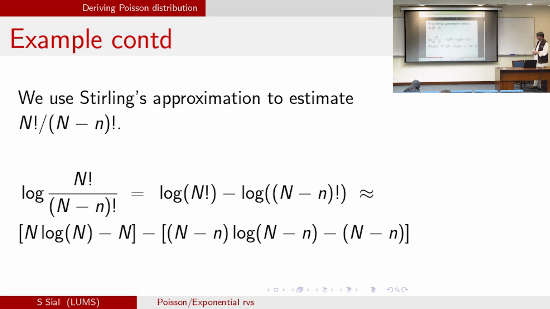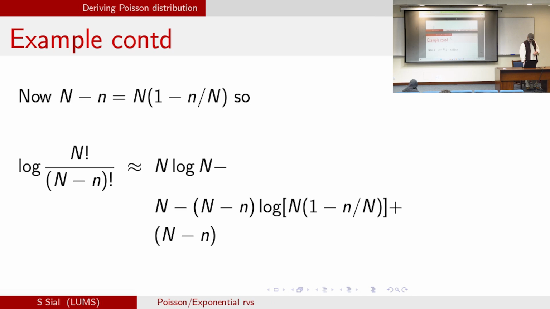Okay, so we take the logarithms, and we use Stirling's approximation because we're taking logarithms of factorials, and we get an expression like this. Okay, and I'm going to make the substitution.